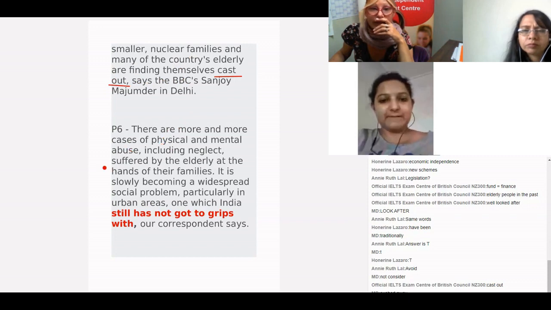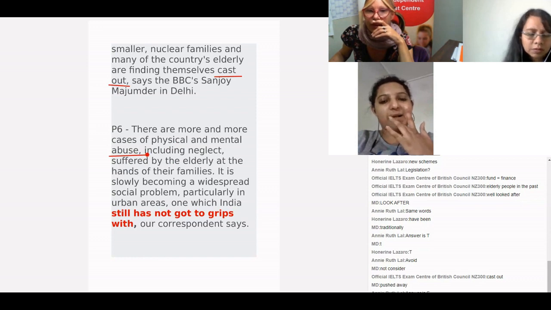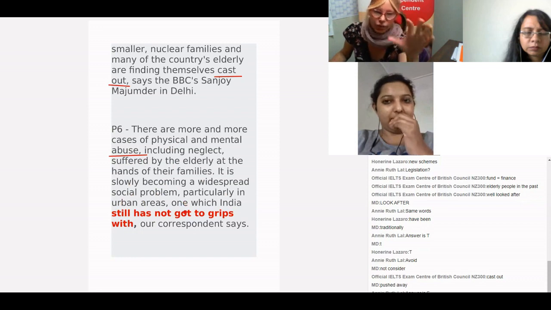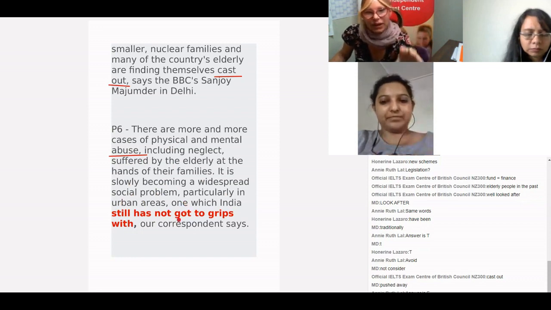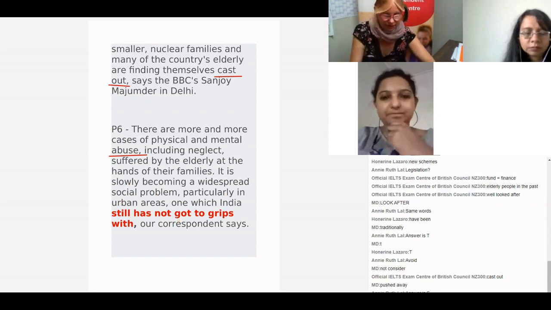So here we've got mental abuse. Okay, so this could be similar to neglect. Suffered by the elderly. It is slowly becoming a widespread social problem, particularly in urban areas, one which India still has not got to grips with. So you can see that I have put it in red because that is the answer, but they don't use the same words, do they? No.